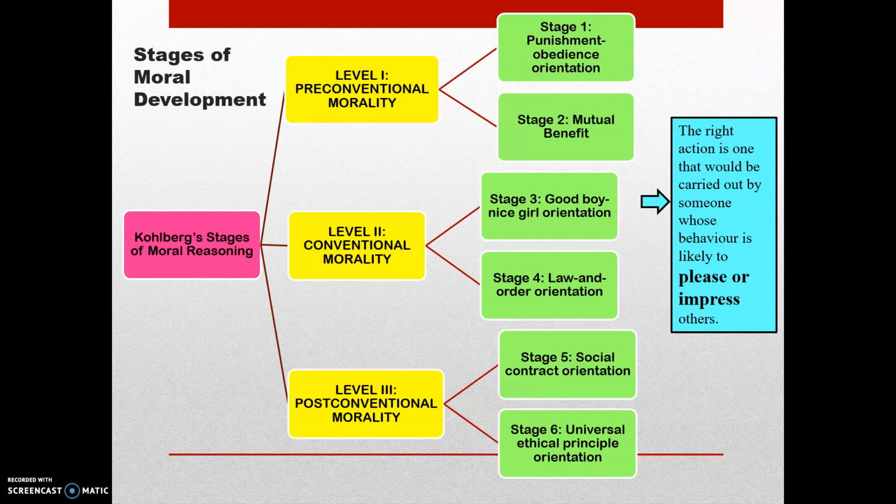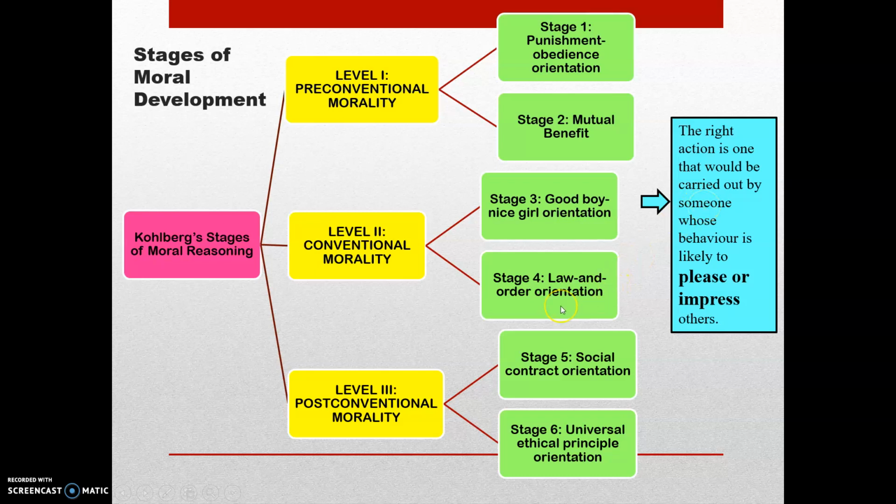Let's say, for example, in a classroom setup, during cleaning up the classroom, a student found a wallet, and so he returned the wallet so that his teacher will praise him for being a good boy, for being honest. So they are doing something good so that they can please or impress other people. Para masabihan sila na sila ay good boy or nice girl.